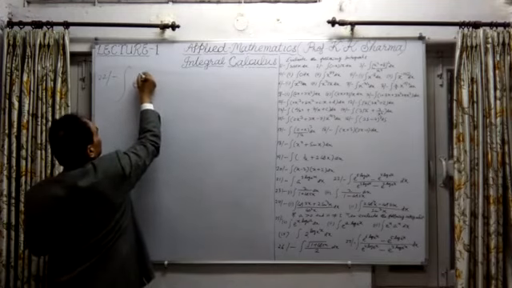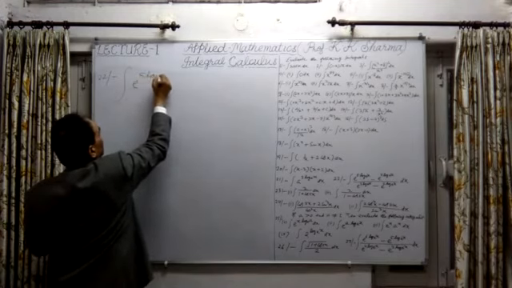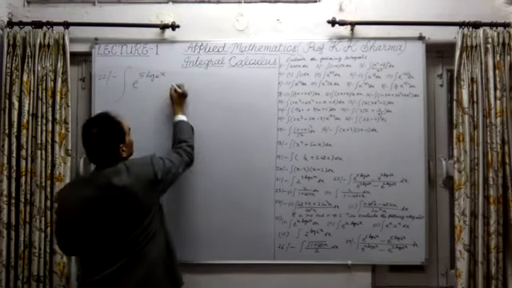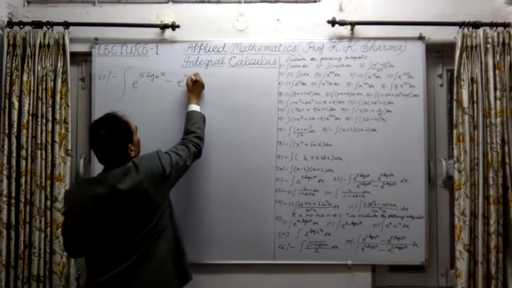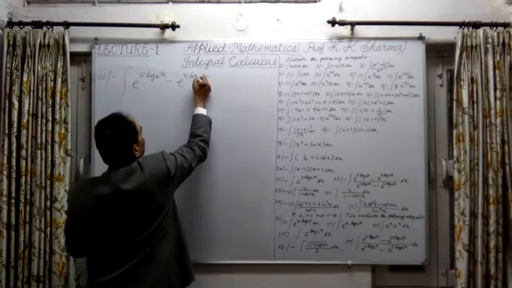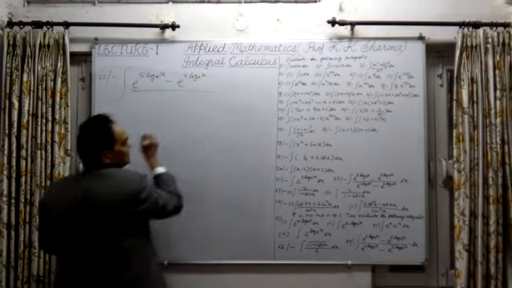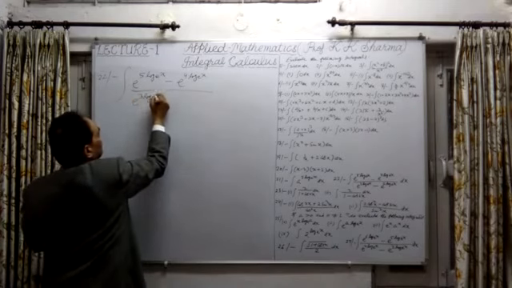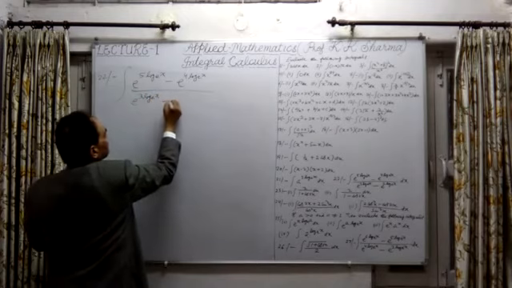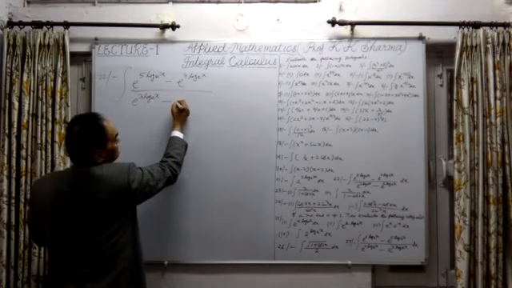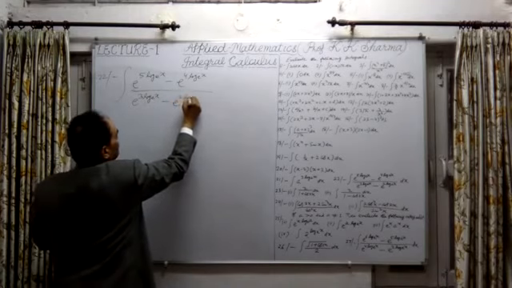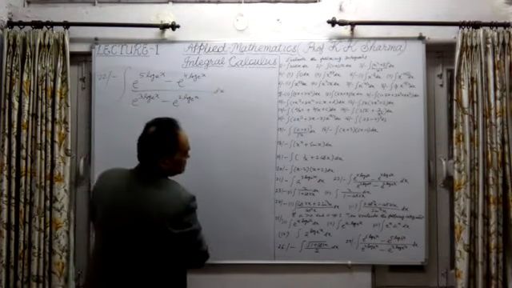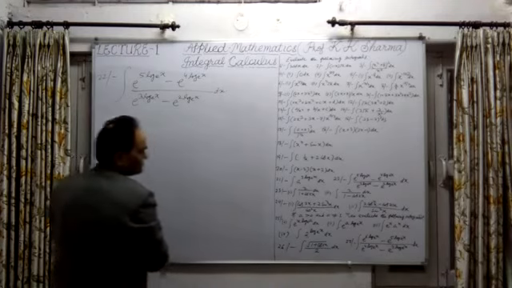This is e raised power 5 log of x to the base e minus e raised power 4 log of x to the base e, divided by e raised power 3 log of x to the base e minus e raised power twice log of x to the base e, into dx. Okay, so this is the question here.